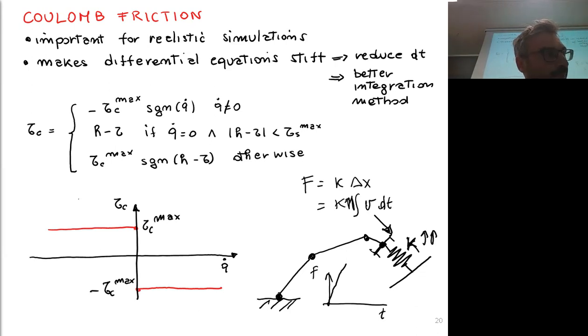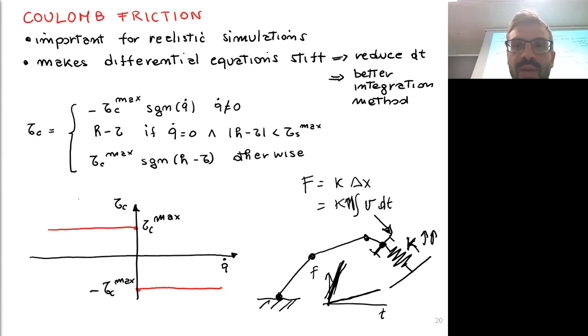While if we have a compliant environment, the force will build up as the integral of velocity more slowly. So you can understand that this corresponds to very fast dynamics, way faster than the manipulator dynamics.